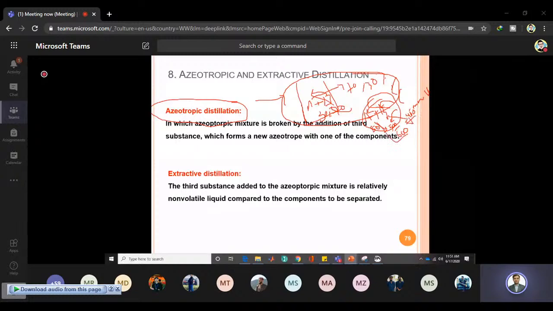This will make it easy to separate, right? So this is how we deal with azeotropes. Because we already added that third component, now we have to separate it. The third substance added to the azeotrope mixture is a relatively non-volatile liquid compared to the others to be separated.